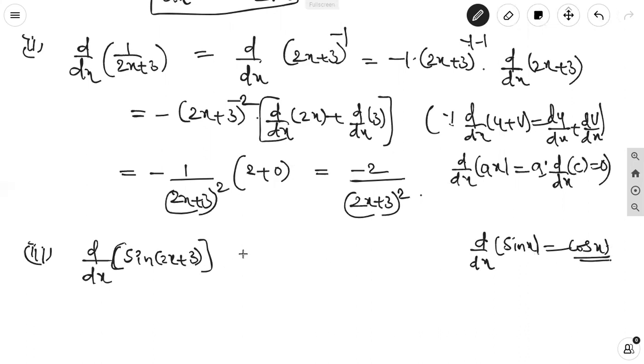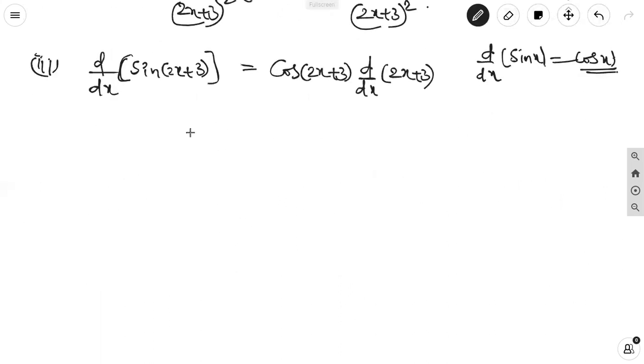So the derivative of sine of 2x plus 3 is cos of 2x plus 3, again taking the derivative of the inside, d by dx of 2x plus 3. Derivative of 2x is 2, derivative of a constant is 0. So it is 2 cos of 2x plus 3.